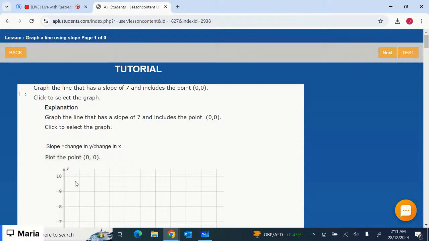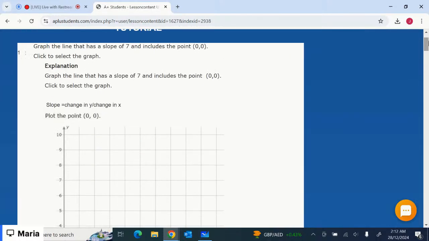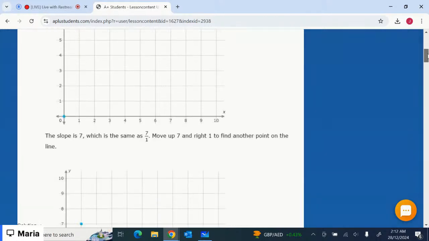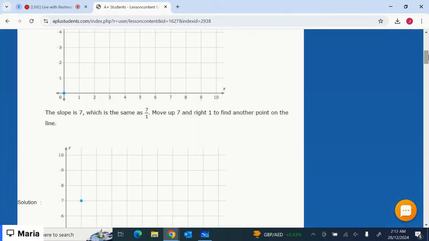So you are given the slope and the point. You have to graph this line, right? The point is 0, 0, and then the slope is 7. So that means that is 7 over 1. So you need to move up 7 points and you need to move right 1 point.